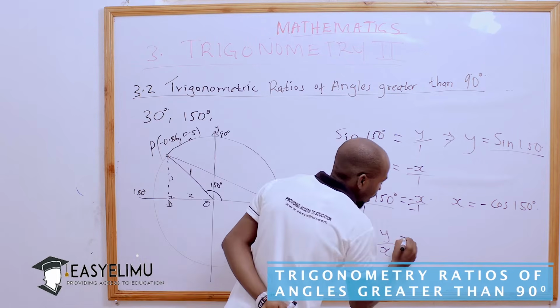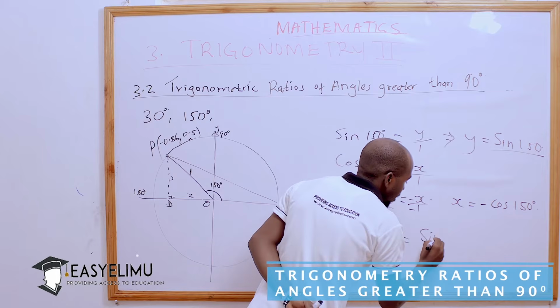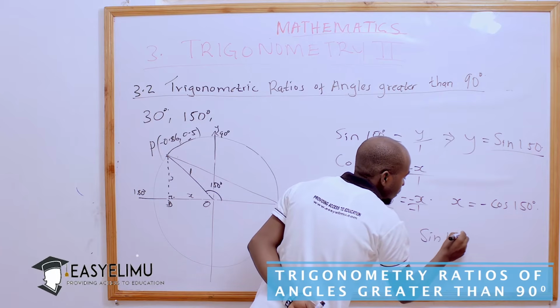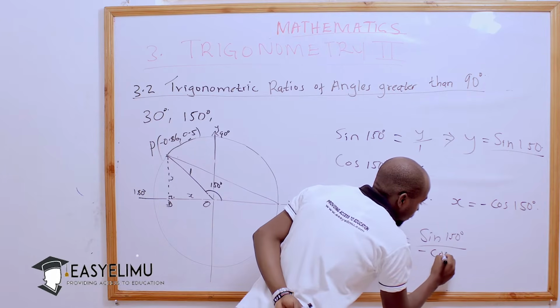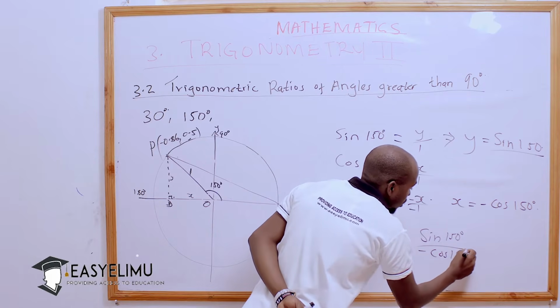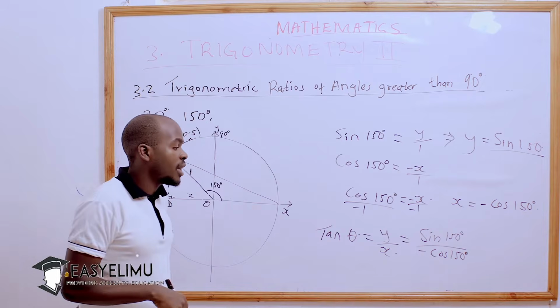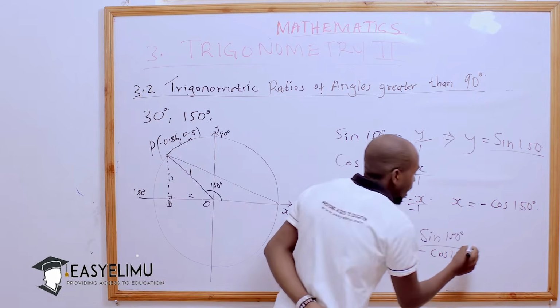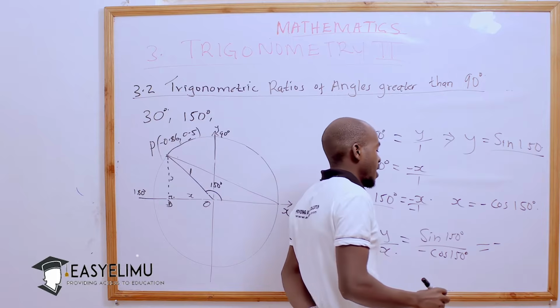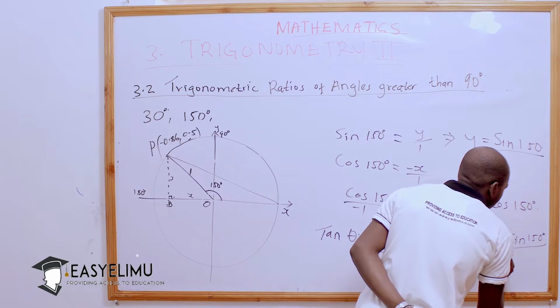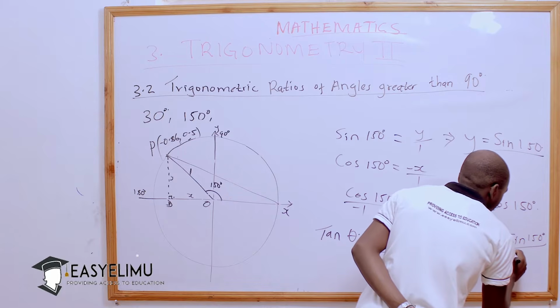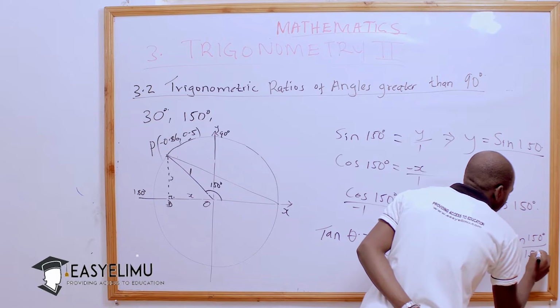But remember for this case, y coordinate is sine of 150 degrees and x coordinate we are having negative cos 150 degrees. So if we do that, our tangent will give us a negative answer of sine 150 degrees over cos 150 degrees.